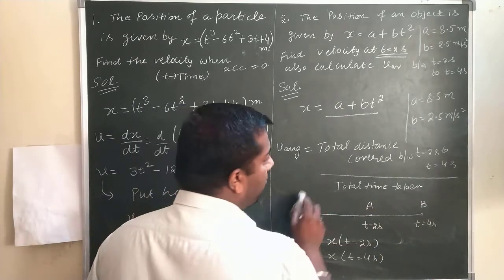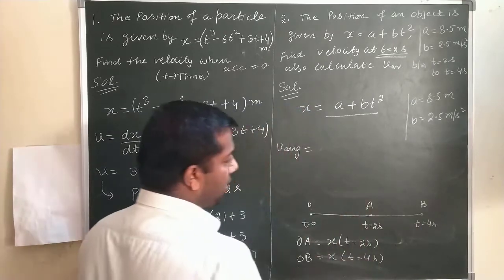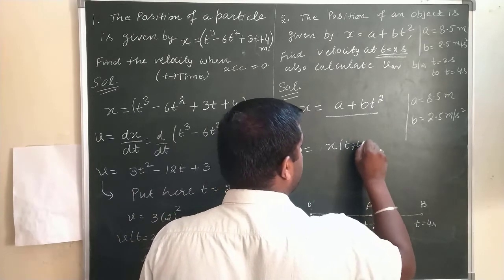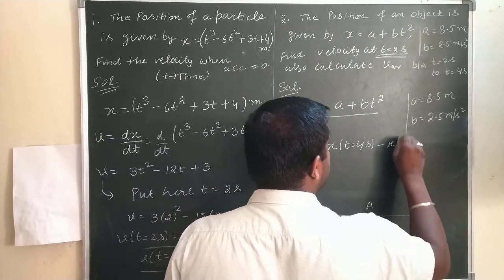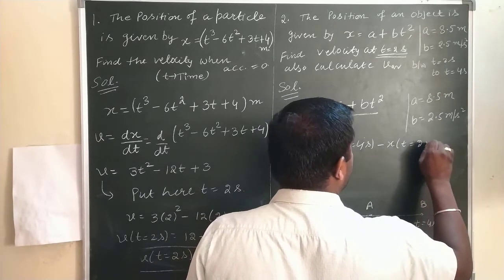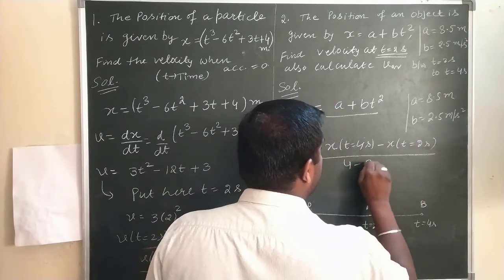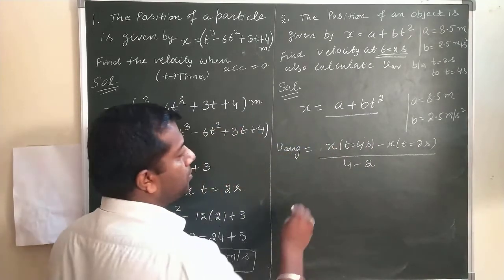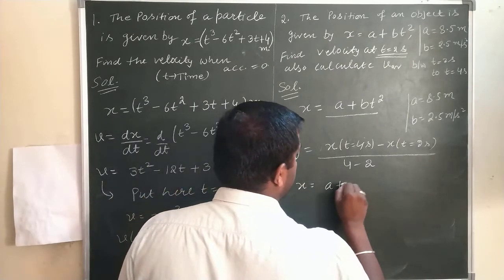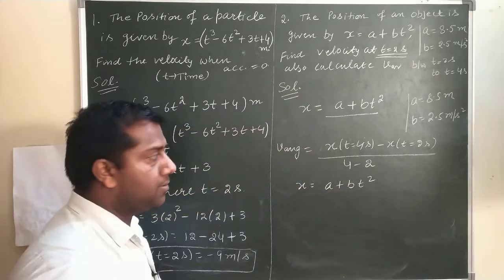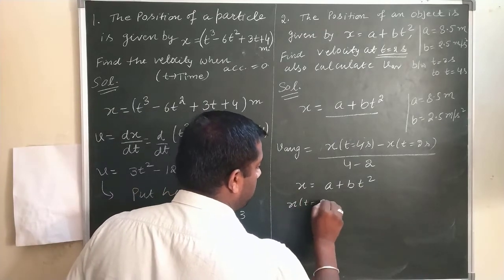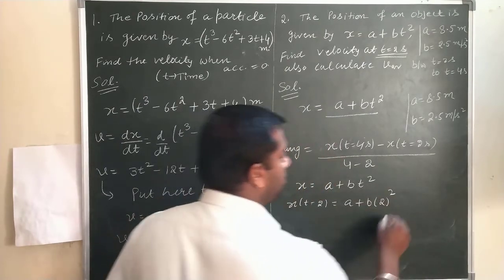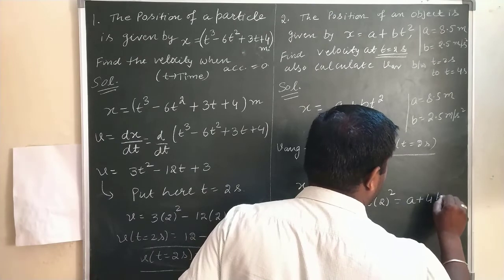Clear? So what will be our formulation? Our formulation will be, this is x at t equal to 4 second minus x at t equal to 2 second divided by 4 minus 2. What we have, x is equal to a plus b t square. So what is x2? This is a plus b into 2 square, which is a plus 4b.